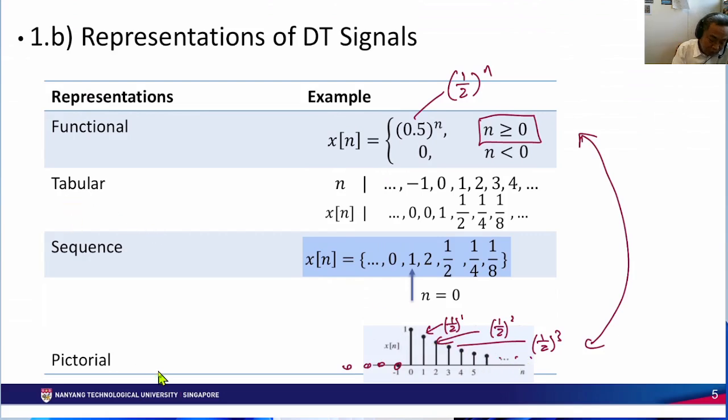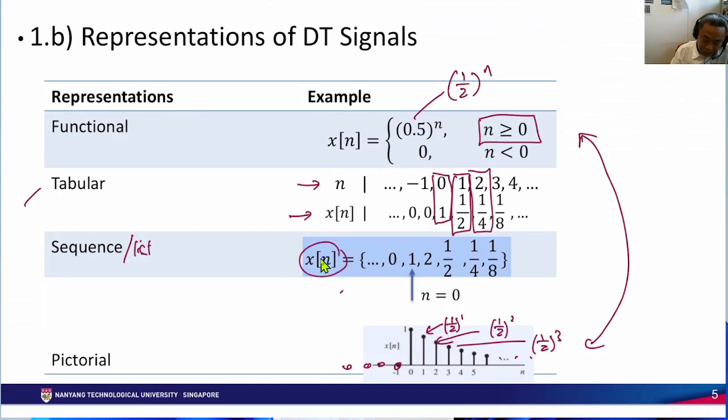Now we can also give it to you in a tabular form. We'll give you the horizontal axis n as well as its value. So then you map different values of n to different values of x of n. So this is a table form. We can also give you a list or a sequence form.